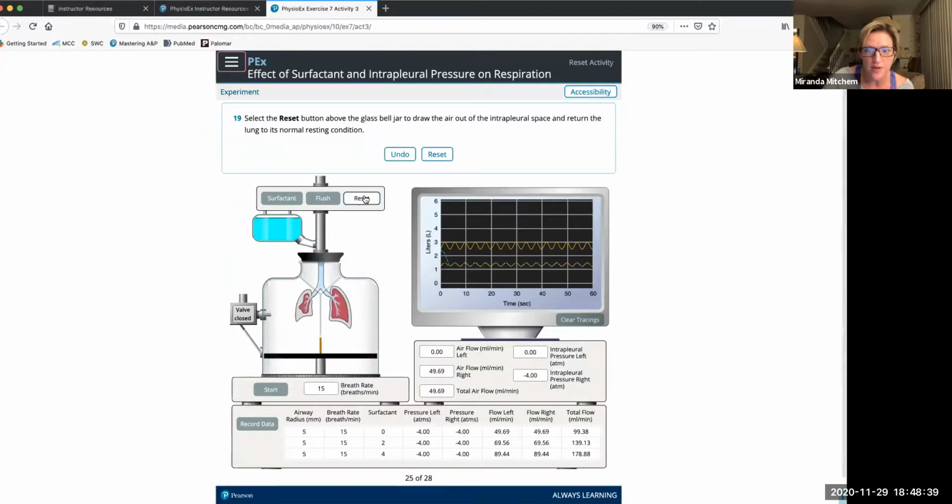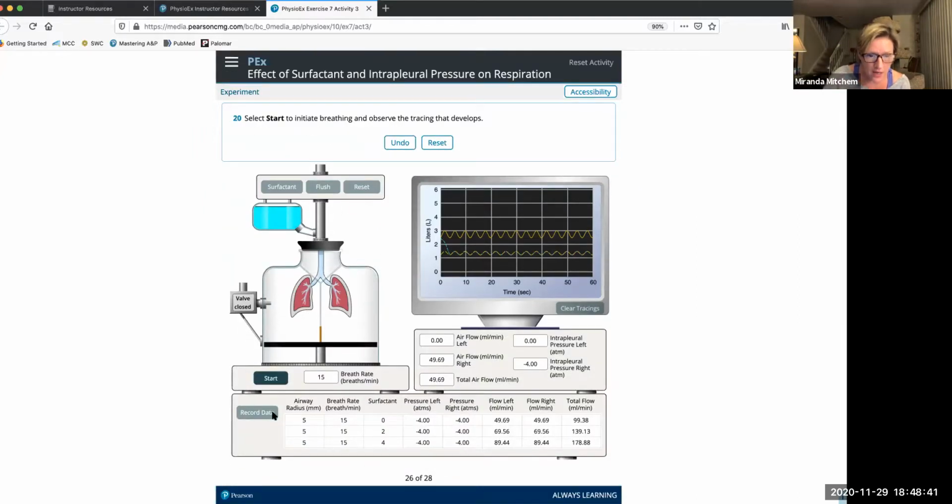Let's reset our values and hit start. And this way we can now look, both lungs are the same. We fixed the lung problem. And the tracing's going right back over the original normal value. So we have fixed the problem.